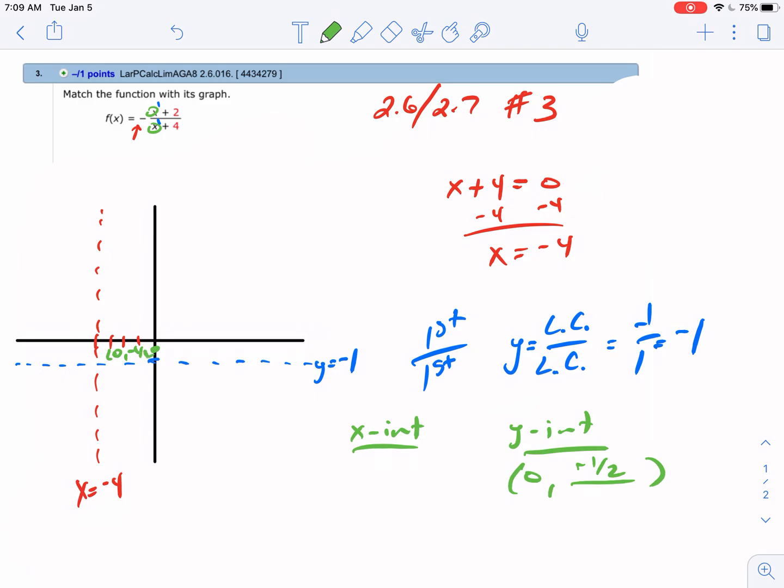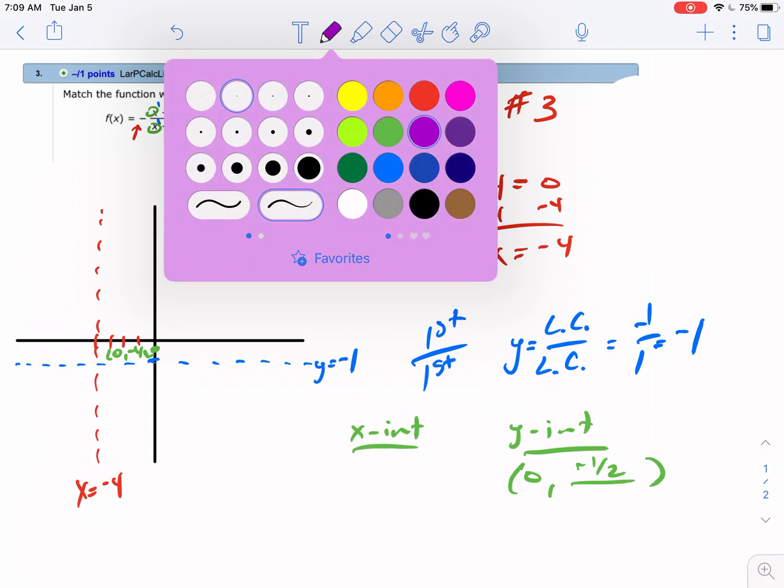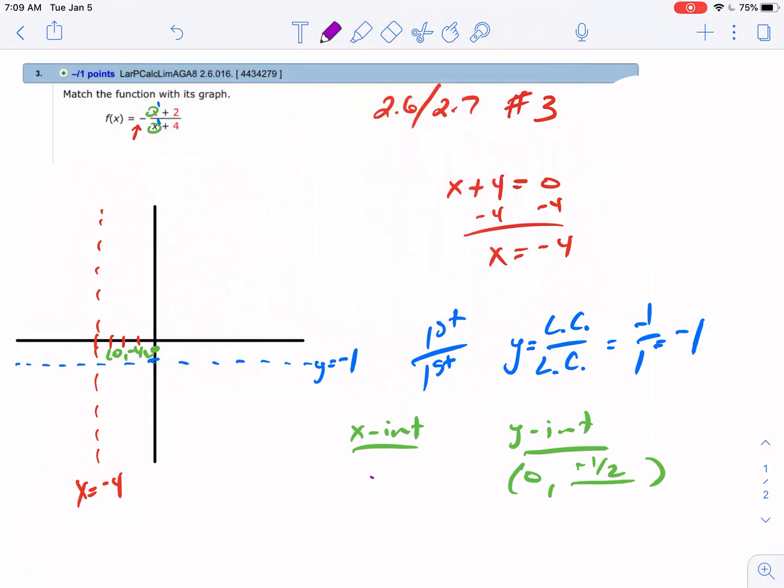And then if I was going to do the x-intercept, that is what makes this function 0. If you have (x plus 2) over (x plus 4), it's really what makes the top 0 without making the bottom 0. So what makes the top 0 without making the bottom 0?